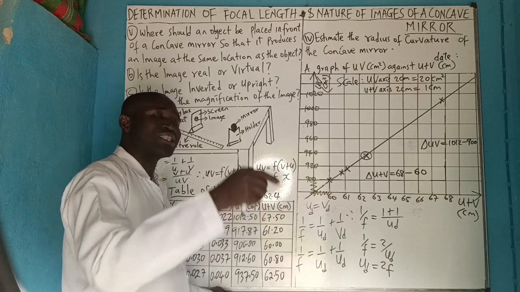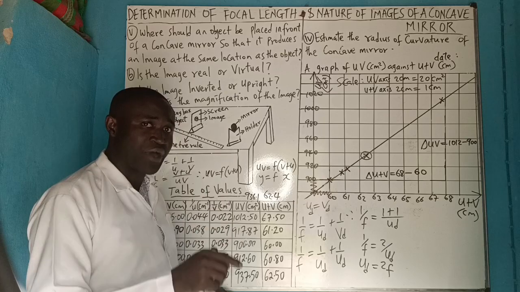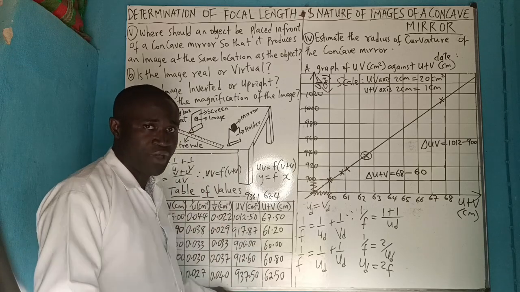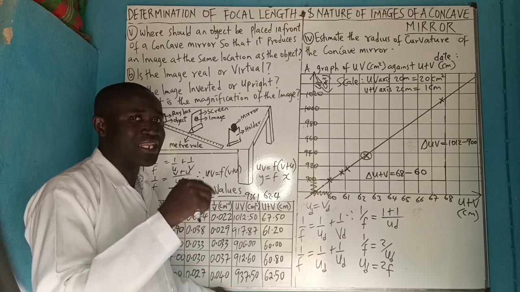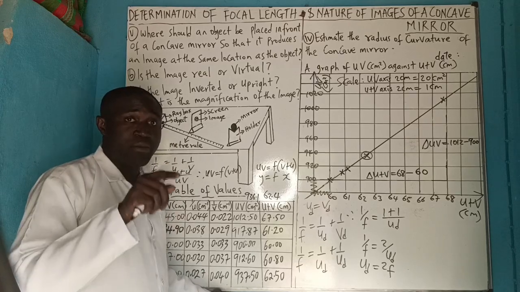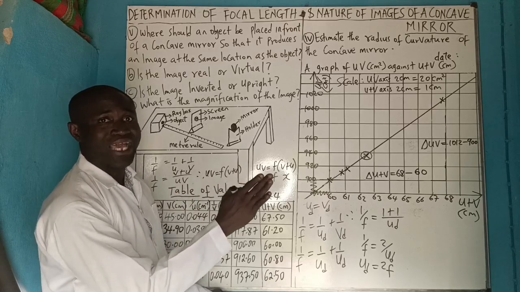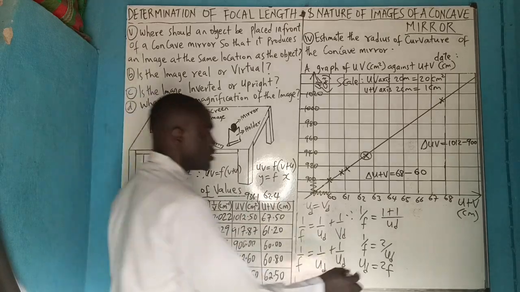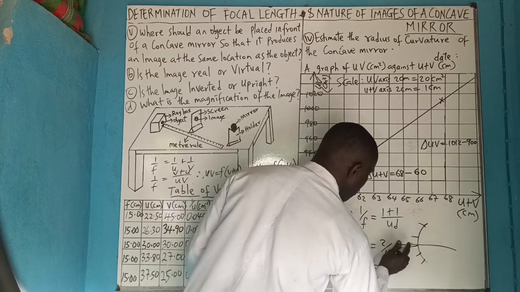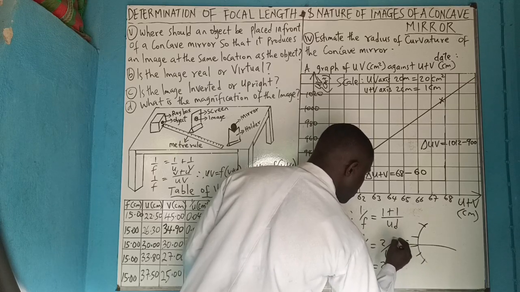So once the object distance is located at the radius of curvature, it means that the image will also be located at the radius of curvature. Yes, but in this case, the image will be inverted. The image will be inverted and the image will be real because it is formed on the same side of the object. Look at your F, and look at your C.